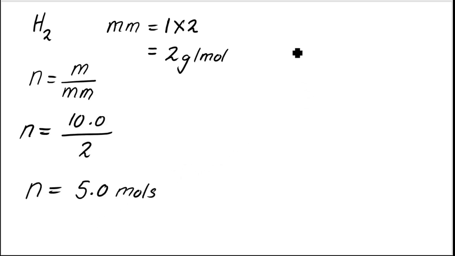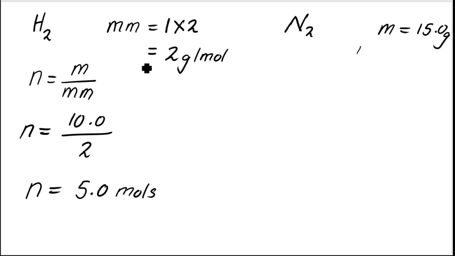Let us also calculate the number of moles of nitrogen. Nitrogen is N2, and according to the formula, number of moles is mass over molar mass. In that question, the mass is 15.0 grams. Let us now find the molar mass of nitrogen.